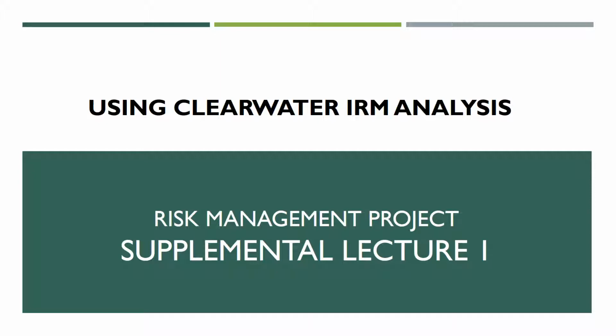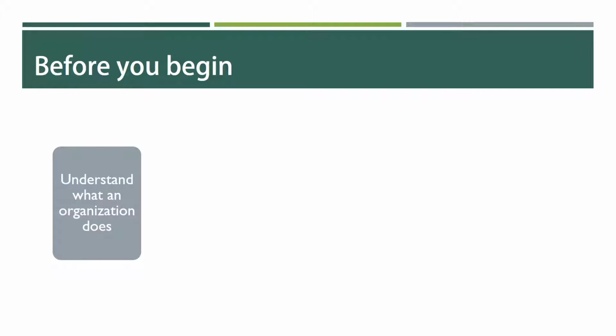Let's now take a look at what you need to do to complete the project. You need to understand what an organization does and what information it collects or creates to support its operations. These information assets are crucial to the completion of the risk management project.